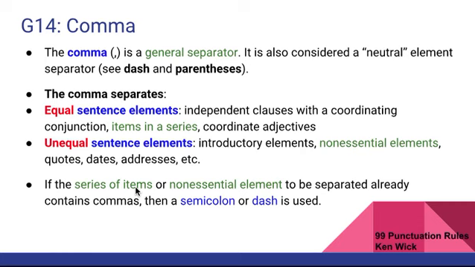The bread, milk, and eggs are just items in a series. The other type is a non-essential element. If either one of these already has commas, then you use a semicolon or a dash. In the case of items in a series, as we'll discover, you use a semicolon, and if a non-essential element already has commas, then you use a dash.